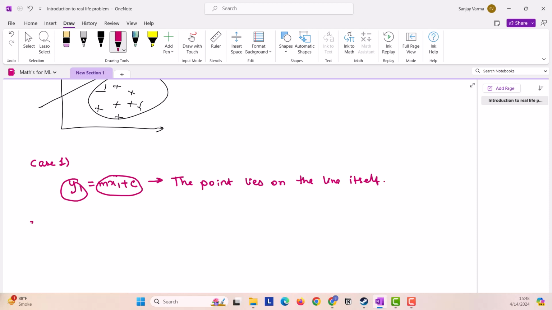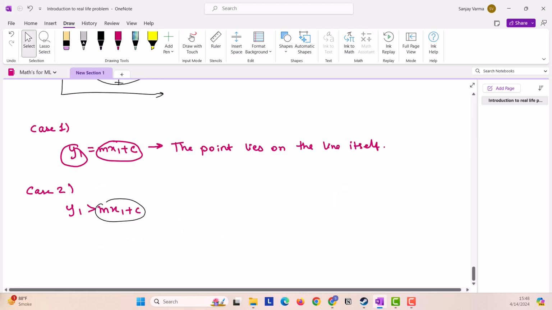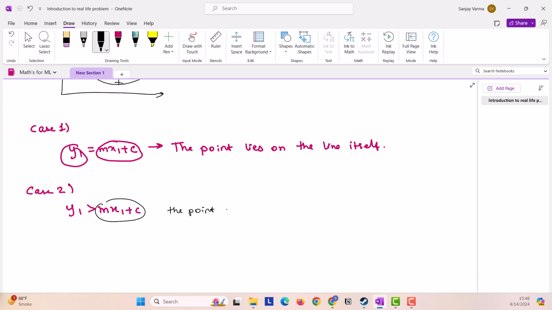Case 2 is that y1 is more than mx1 plus c. That is, y1 is greater than this part, which indicates that the point lies above the line. And case 3 will be y1 is less than mx1 plus c. This indicates that the point lies below the line.